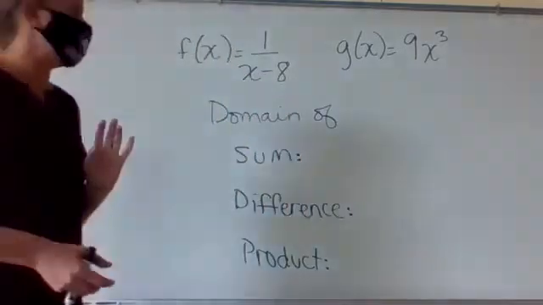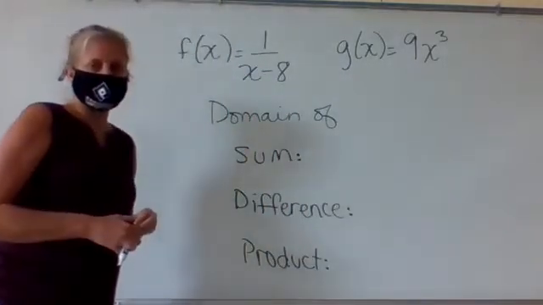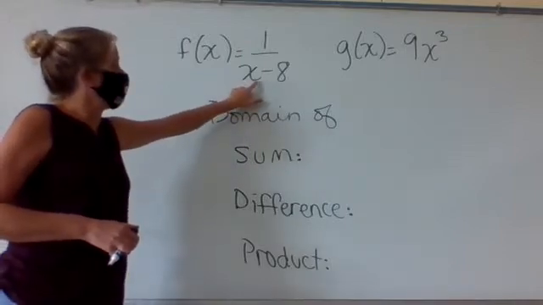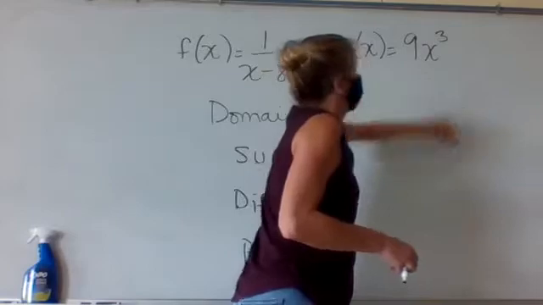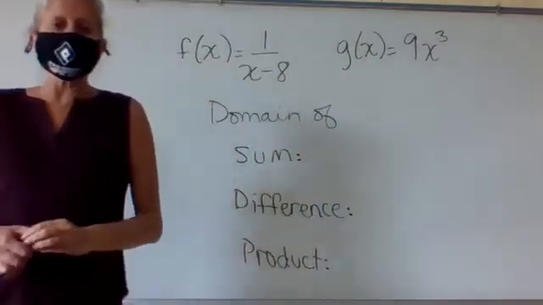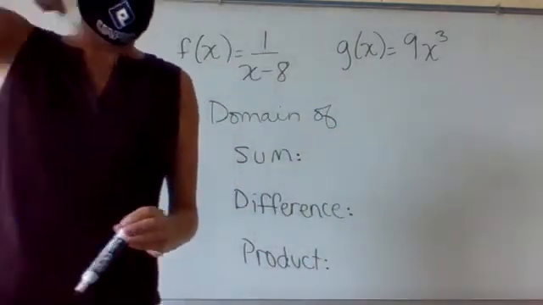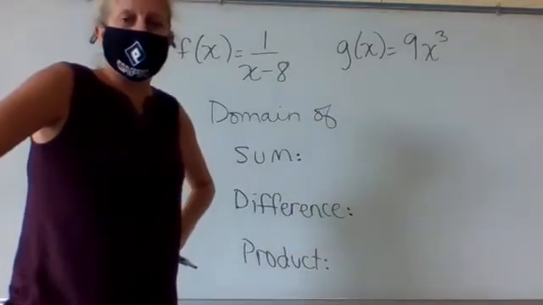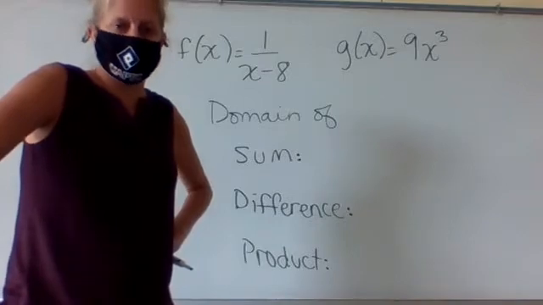Now remember, when we are finding the domain, our goal is to find what can x be. So you're looking for restrictions on the domain, which means what do I need to leave out? What can x not be?